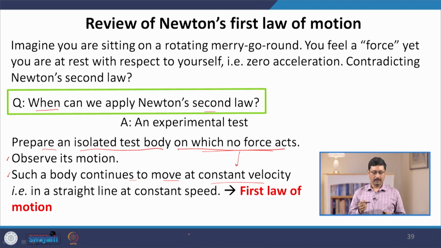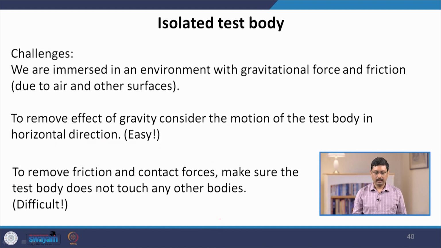It may sound a little confusing, so let us go through it slowly. First is an isolated test body. This part is very difficult, and this is the reason why Newton's first law is very counterintuitive to our daily experience.